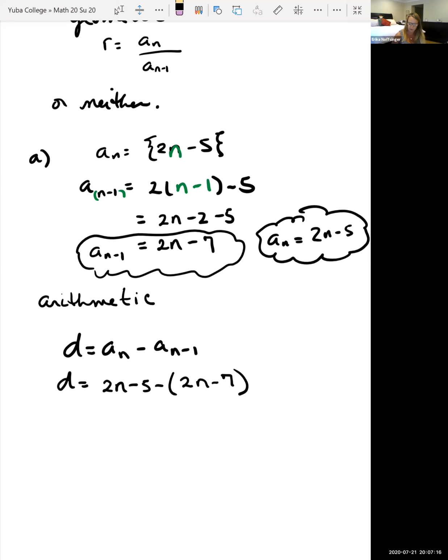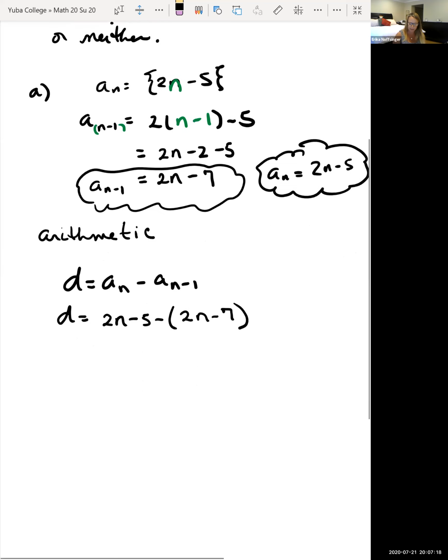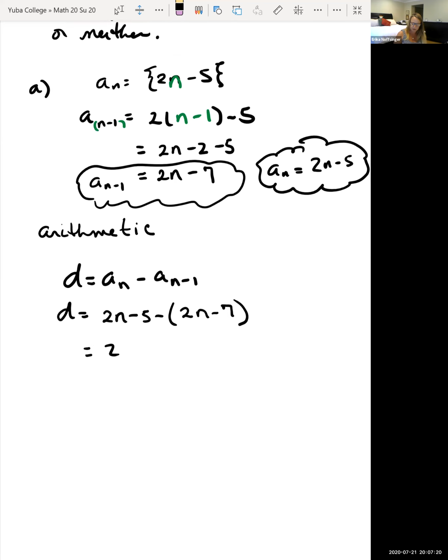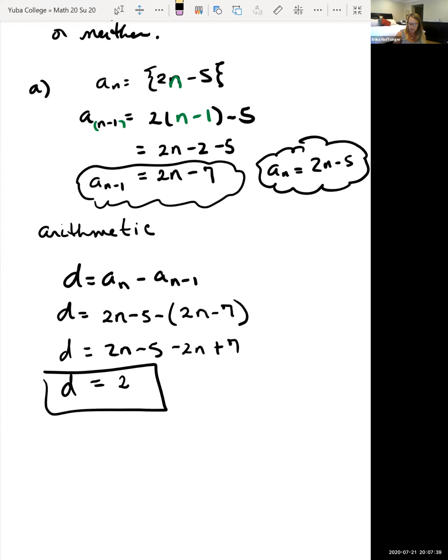We need that in parentheses, so it's minus that whole quantity. Distributing the negative, we get 2n minus 5 minus 2n plus 7. Combining like terms, 2n minus 2n cancels, and negative 5 plus 7 gives us 2. So D is equal to a constant, and so this is an arithmetic sequence.